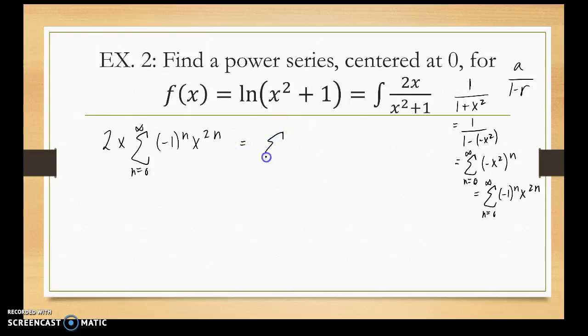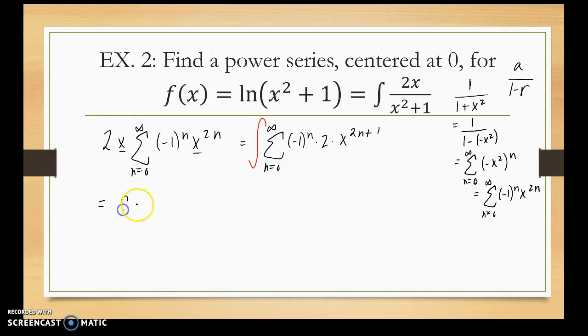It becomes the sum from 0 to infinity of -1 to the n times 2, and when I multiply my x's, this becomes x to the 2n plus 1. So now this is the series for 2x divided by x squared plus 1. And now I have to integrate it to find the series for the original function, the natural log function.